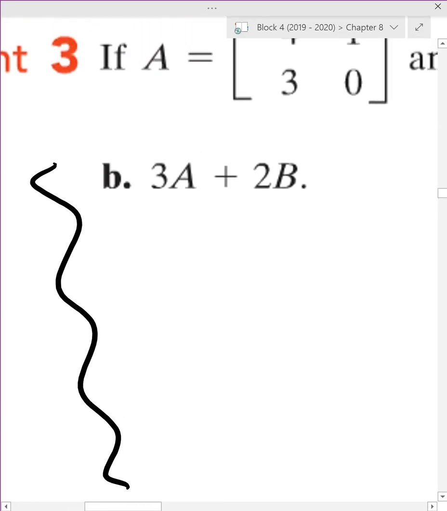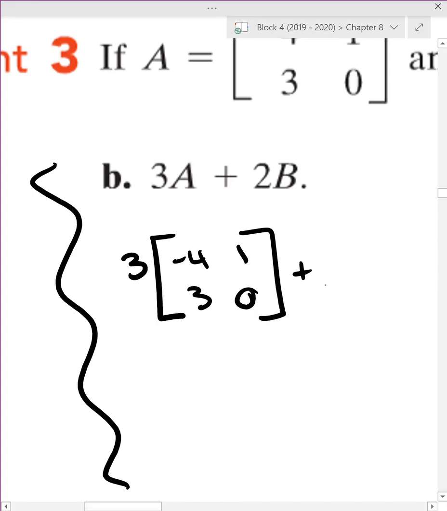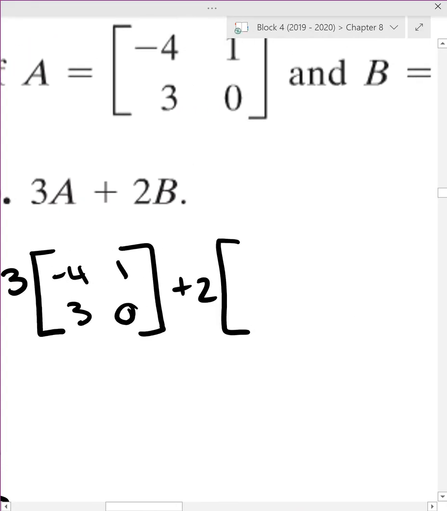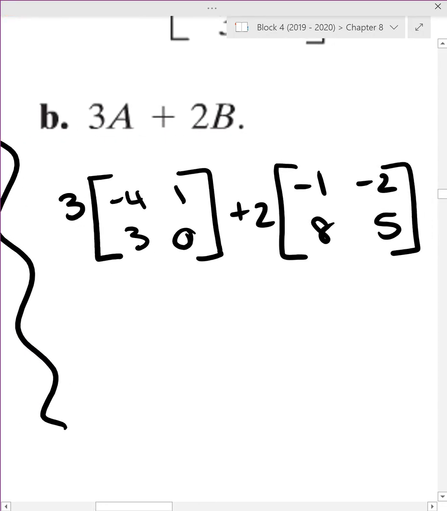Now with 3A plus 2B, 3 times matrix A, which is negative 4, 1, 3, 0, plus 2 times matrix B, which is negative 1, negative 2, 8, and 5. So I'm going to multiply first into the matrix, negative 12, 3, 9, 0.